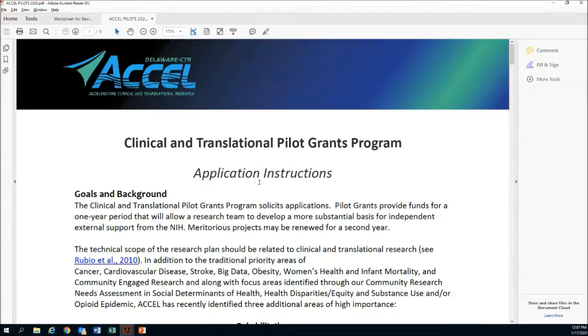One of the reasons we're having this is to make sure that everyone is aware of what we're doing. This is a clinical and translational pilot grant program. The first link within this document is to a 2010 paper defining what clinical and translational research means. In general, you can think about clinical research as involving human subjects, whether that's interventional or you're using materials from human subjects.